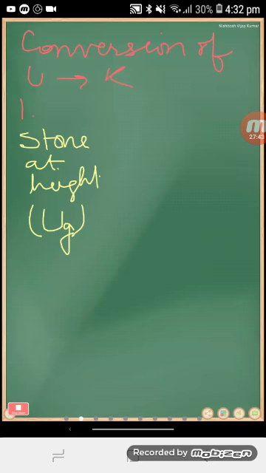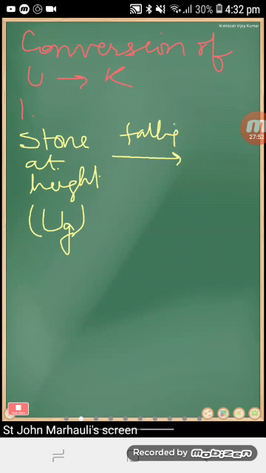Now you allow the stone to fall. As the stone starts falling down, this potential energy gets converted into kinetic energy, most probably translational kinetic energy in the case of a falling stone.